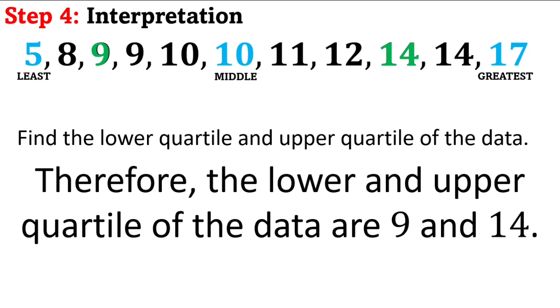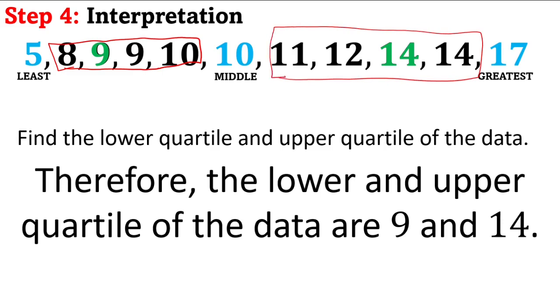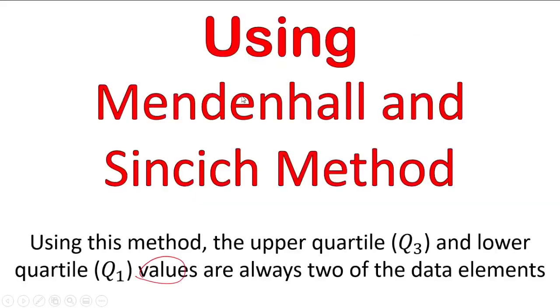Say 5 is the least. So when we say one of the elements, automatically one of these 4 given data is considered the first quartile, while on the other hand, this data is considered the upper quartile. So yun ang ibig sabihin nito. Okay? So when we use Mendenhall and Sincich, automatically the values are always 2 of the data elements.